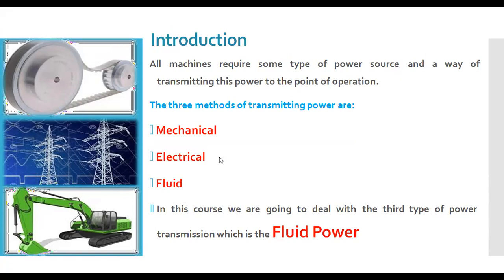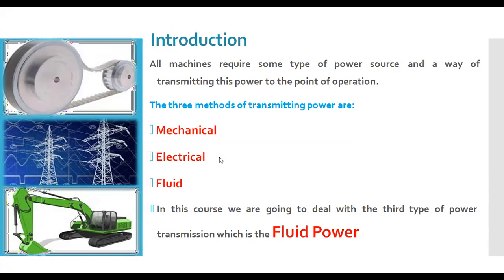Okay, students. So last time I discussed with you about the three methods of transmitting power. One method is through mechanical means, like the belt drive, which is a part of the mechanical system.